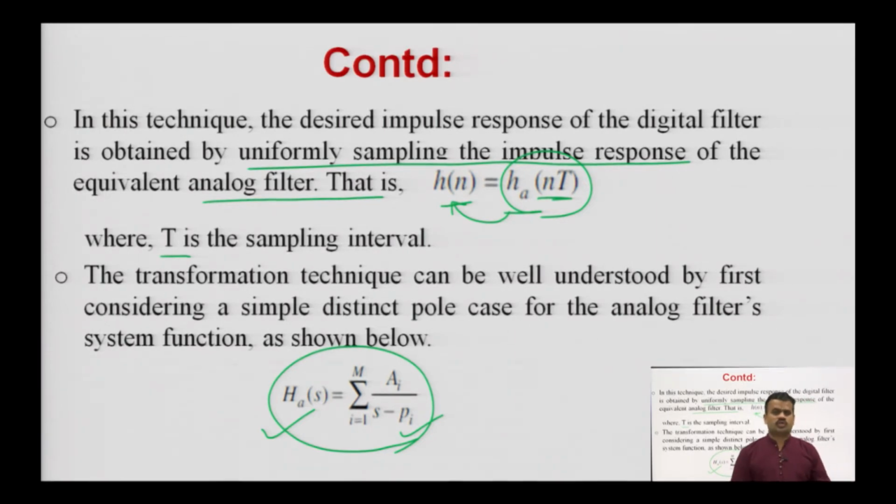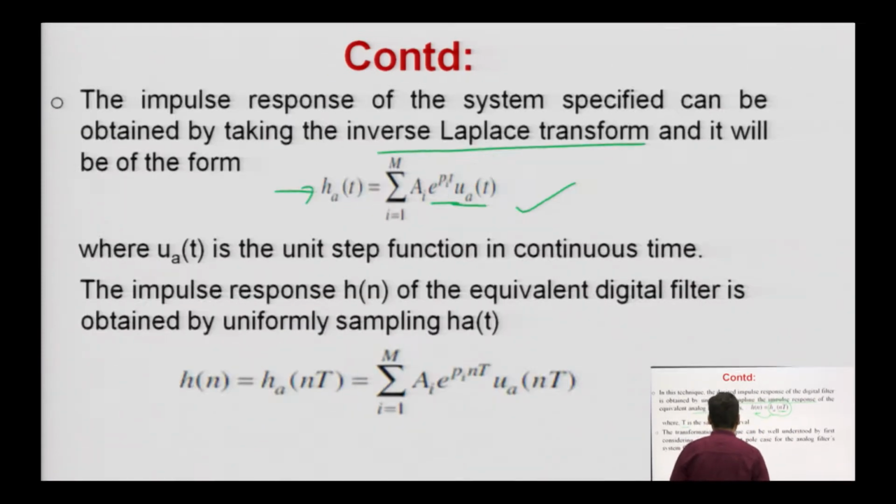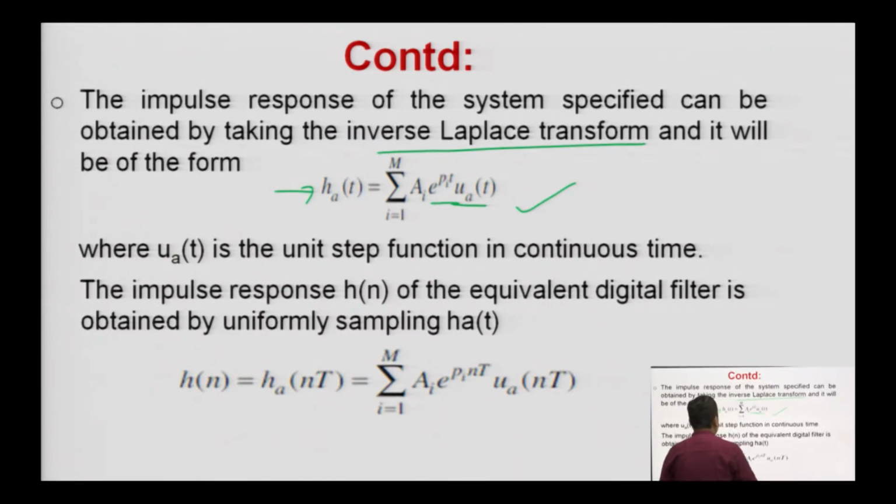If we associate u(t) here, it will be for IIR. So, in the case of IIR you can associate u(t), that is why I am writing u_a(t) here. So, here H_a(s) and h_a(t) is equal to the summation from i = 1 to m of A_i, this is the formula by taking inverse Laplace transform, e to the power p_i t into u_a(t).